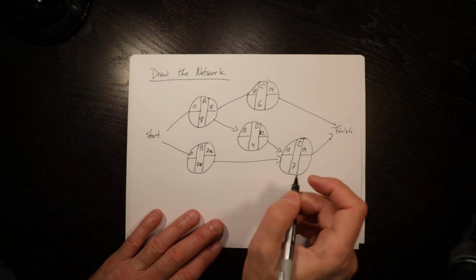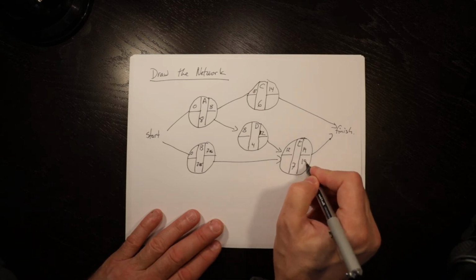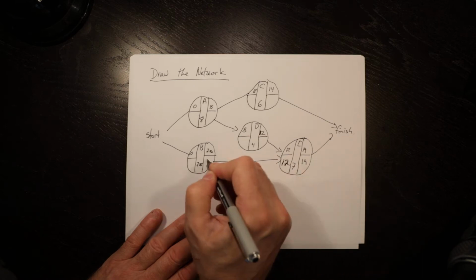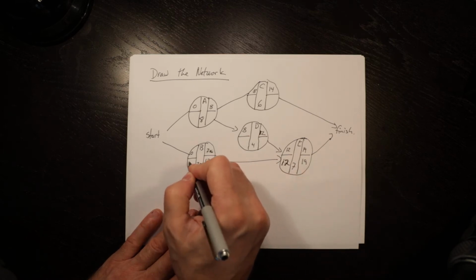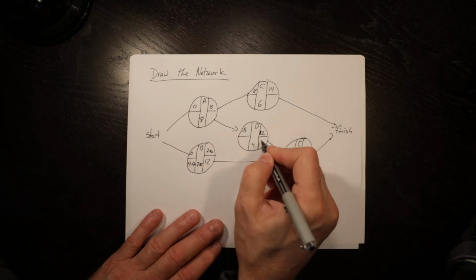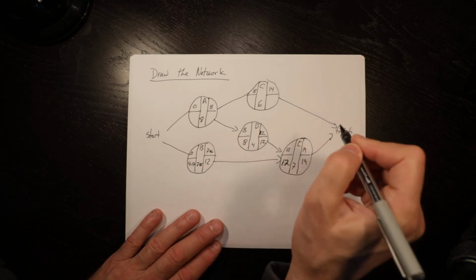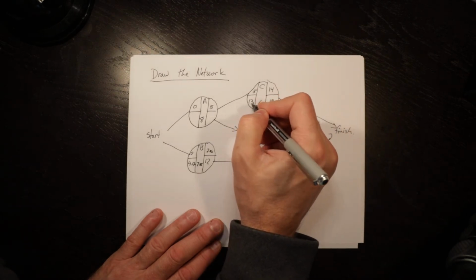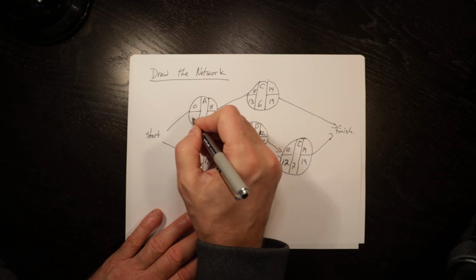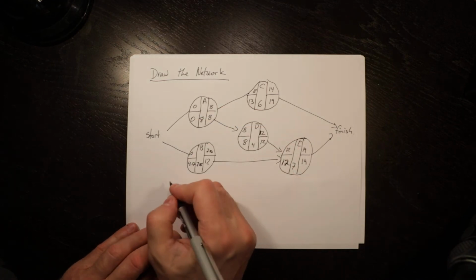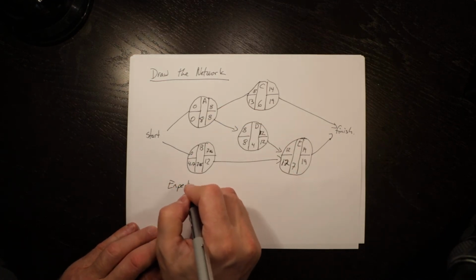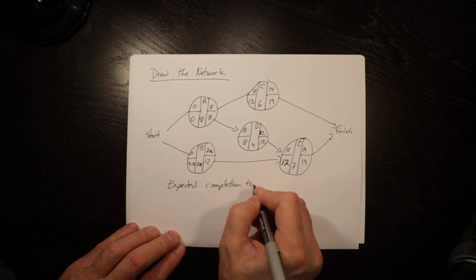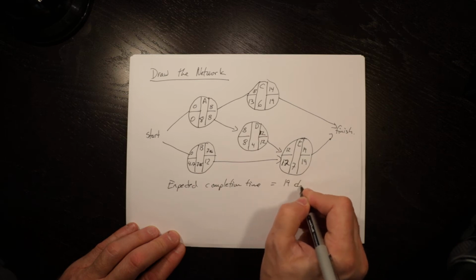The expected time is 19 days. We can then go backwards: 19, 12, 12, 4.17, 12, 8, 19, 13, 8, 0. So expected completion time is 19 days.